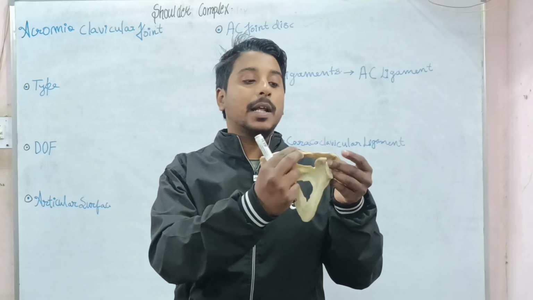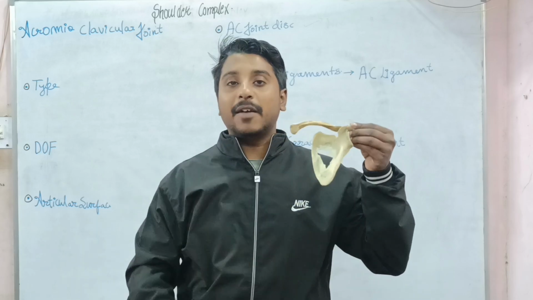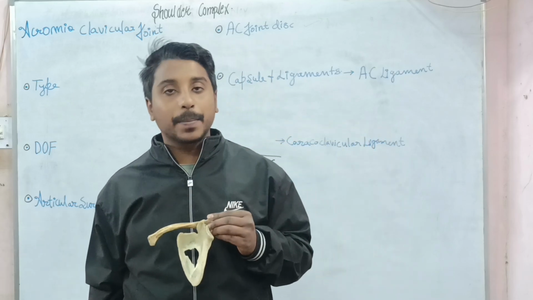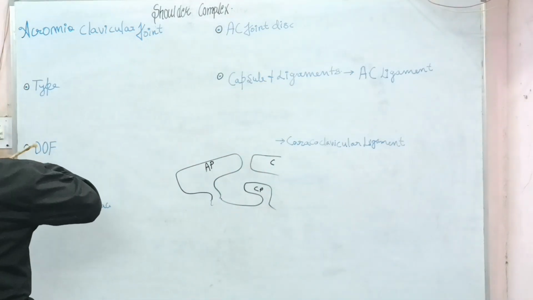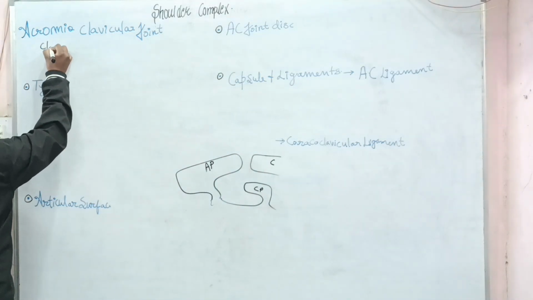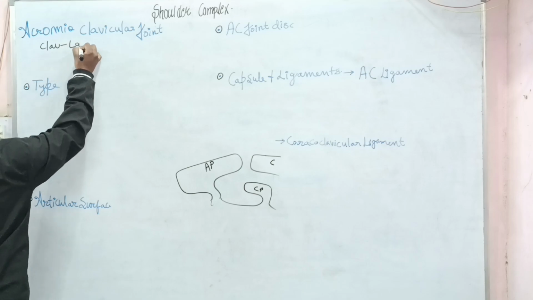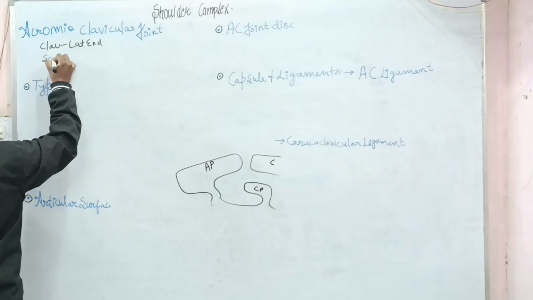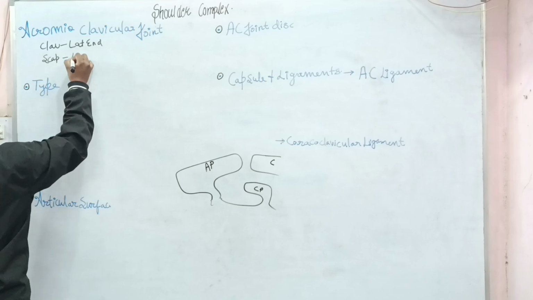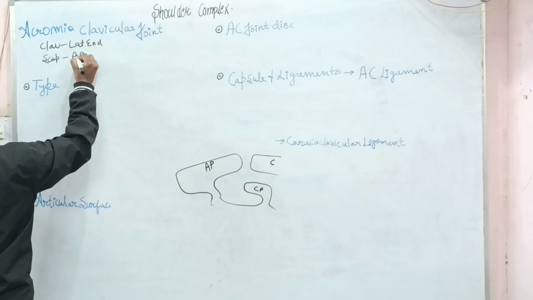The bones are like a left sided person's bones. From the clavicle it is the lateral end, and from the scapula it is the acromion process.